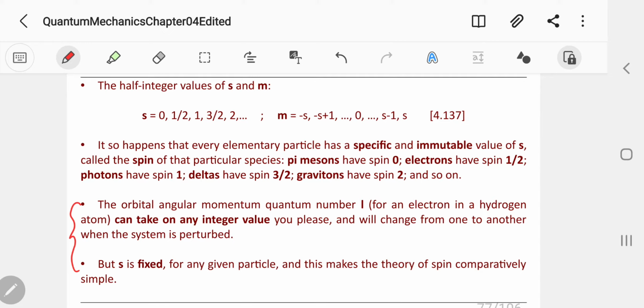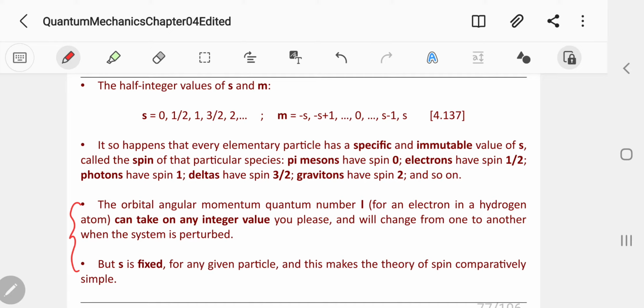They work for the same formula, only that you have to change L with S. But the angular momentum quantum number L for an electron in hydrogen can take any integer value that you want the system to have. If you put in more energy, then L would change, or if you take some energy from the atom, then L would decrease.